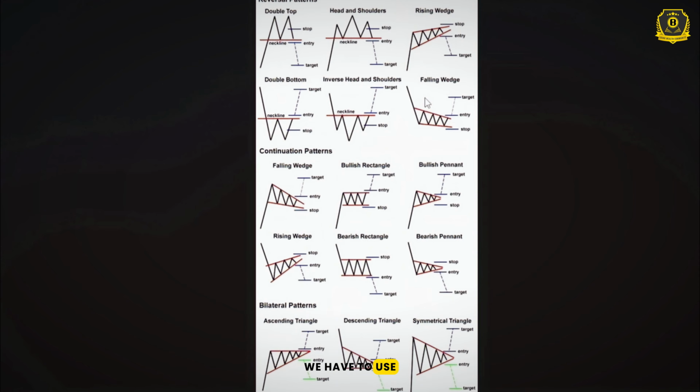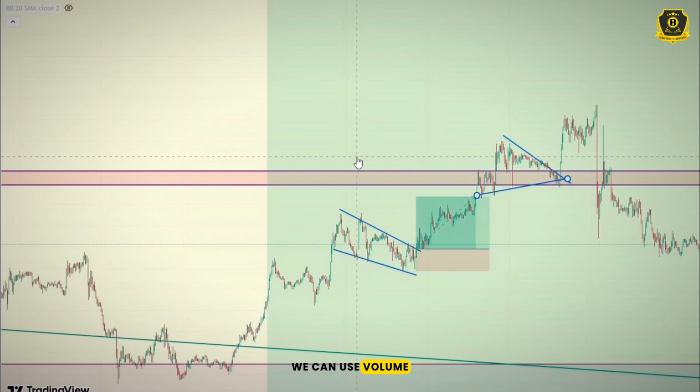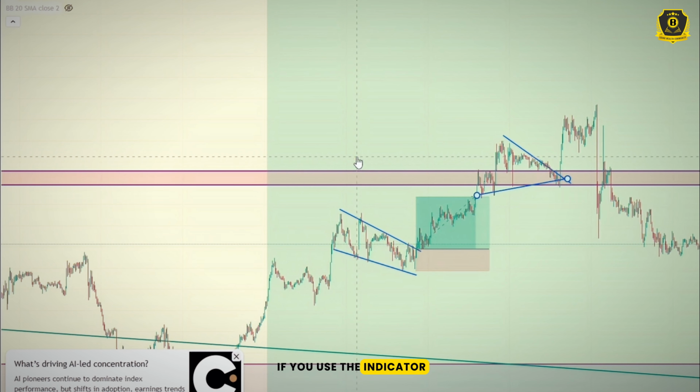We have to use support and resistance zones, then volume, and indicators or tools can give more confirmation. Market structure, like break of structure, change of character, support breakout, resistance breakout, and liquidity sweeps. The best results come from confluence, not guessing.